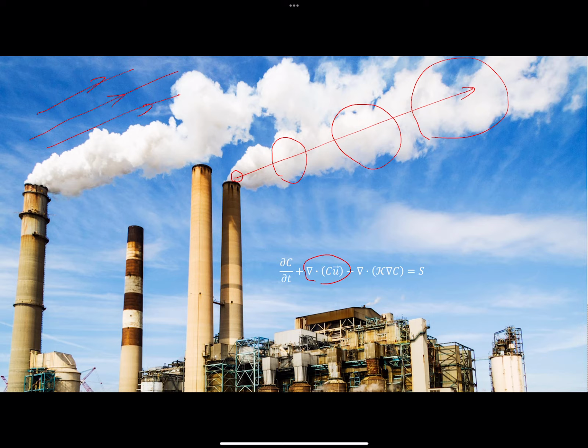In the meanwhile, we can see the plume become larger and larger, and this represents the diffusion term here. And the source refers to how much of the plume or the particles come from the stack. This represents the source. So this visualizes this equation.